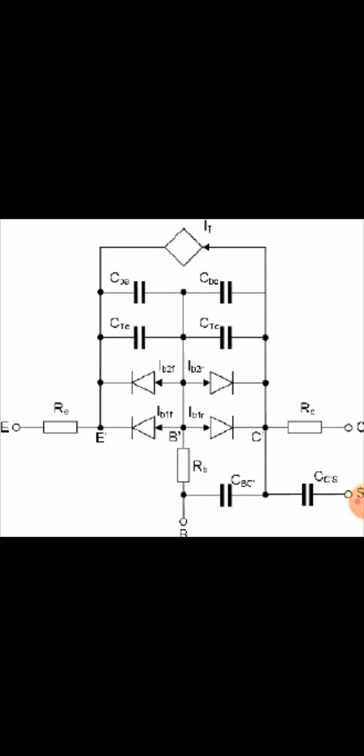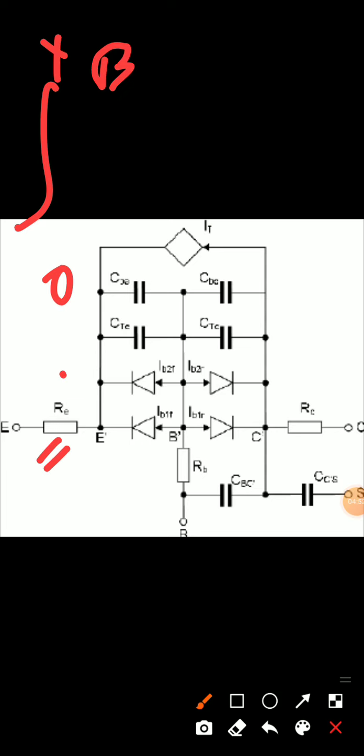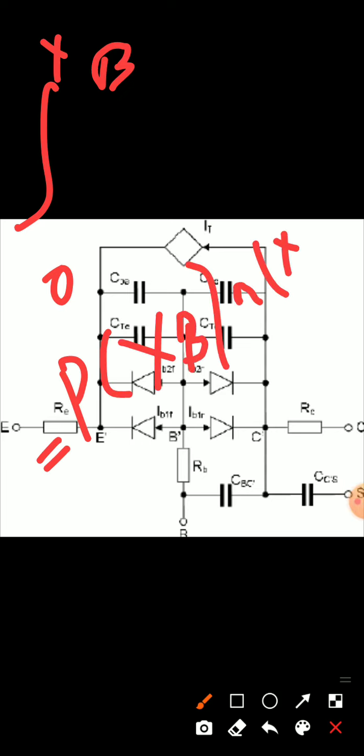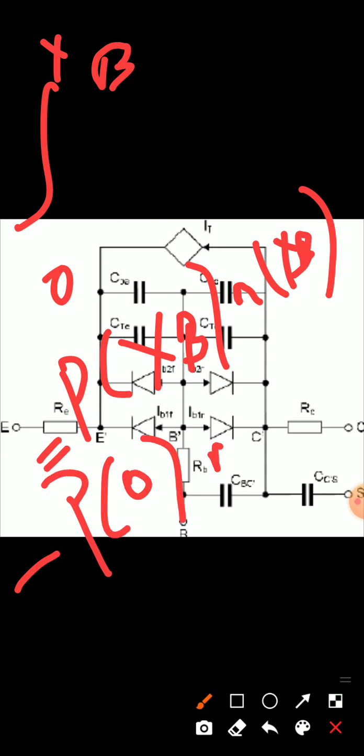By integrating equation number 6 from 0 to xb, we can get p(xb)n(xb) minus p(0)n(0). This is equation number 7.